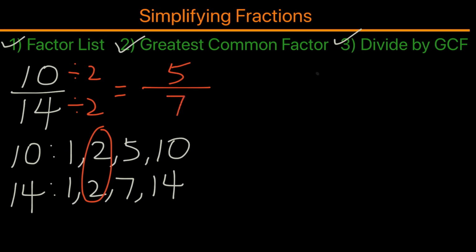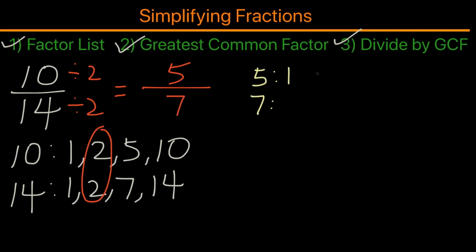And how do we know when we can no longer simplify anymore? Whenever you reach a point where the greatest common factor is 1, that's when you know you can no longer simplify further. So in this case, since we are at 5 over 7, we could look at 5 and 7.